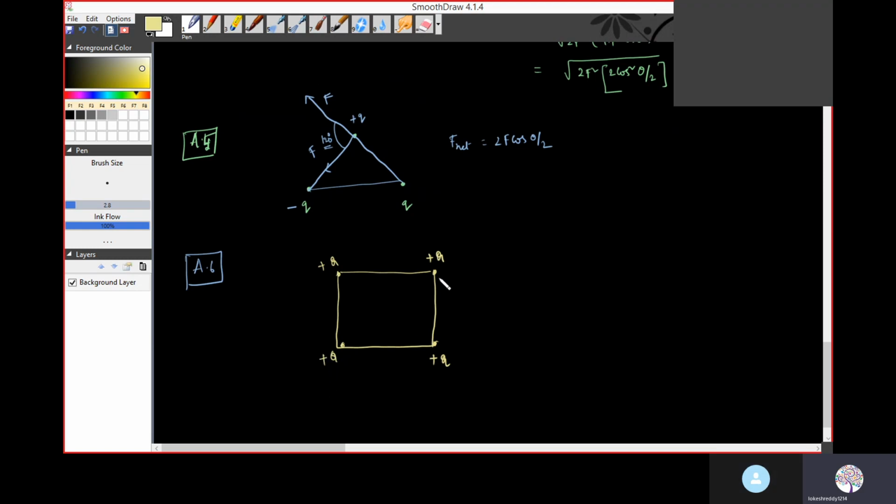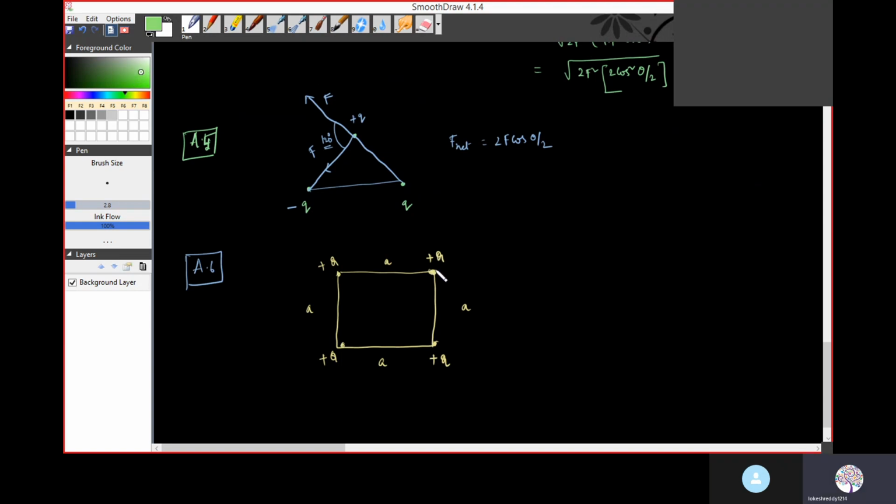Then what is the force acting here? Now this is a square. Equal charges q placed on the four corners of a square of side A. This side is A. So now we have to calculate the net force.